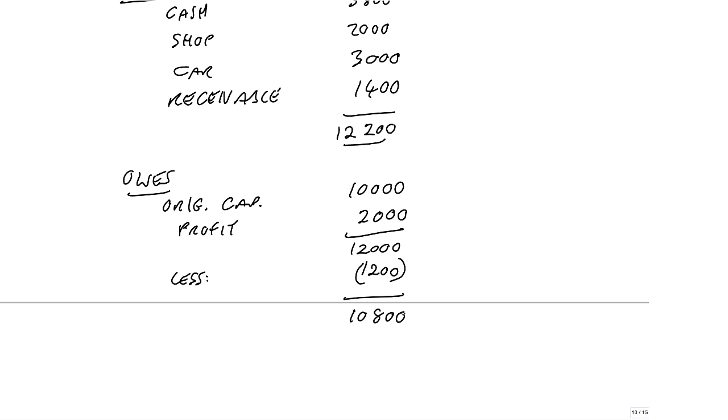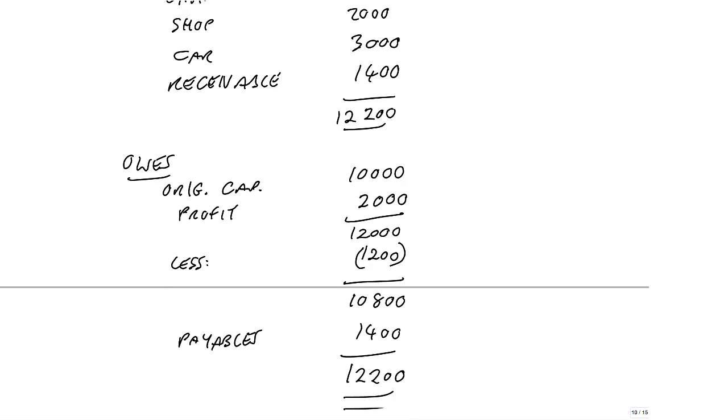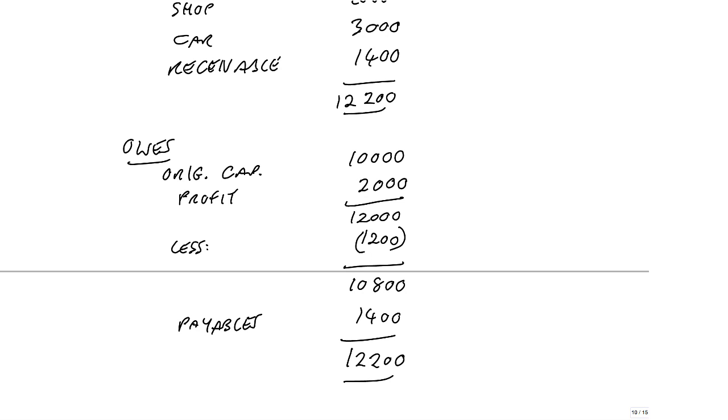The profit was 2,000, whatever happens. But separately, any money the owner takes back from the business reduces the total they're owed. The total they're owed is now 10,800. Before I give you the terminology, just to complete it, we still, of course, have that liability. We owe the payables 1,400. And so the total owed by the business is 12,200.